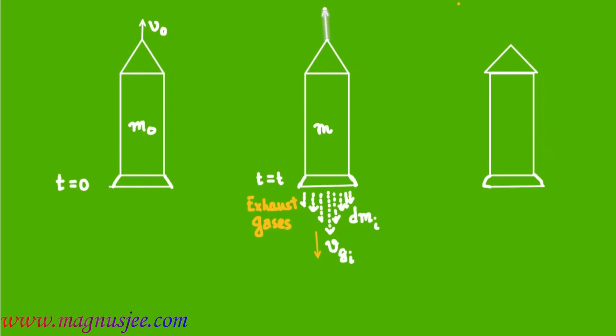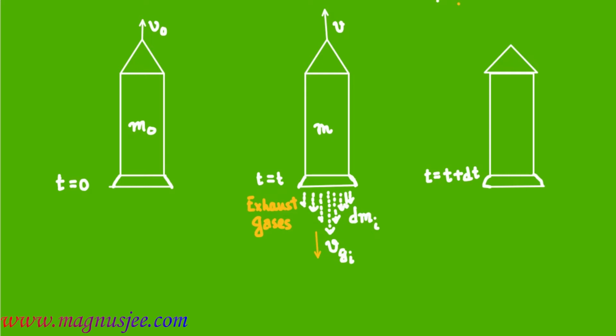The mass decreases to m and the velocity increases to v. In this case, the mass of the rocket decreases to m and the velocity of the rocket increases to v, keeping the linear momentum constant.